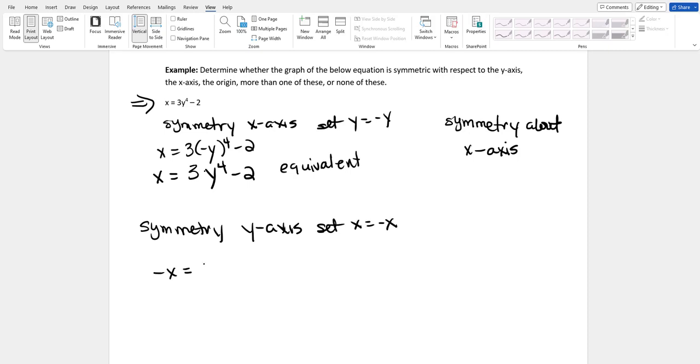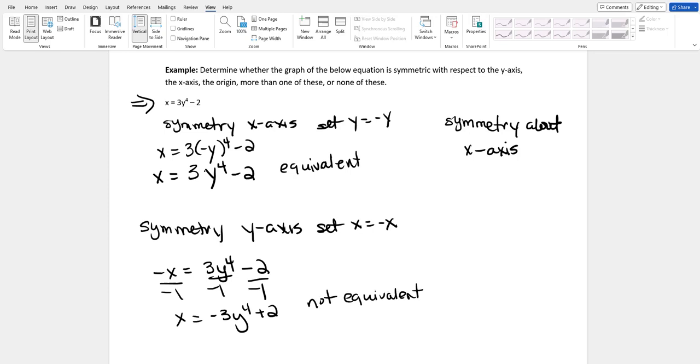Okay, now we're going to do symmetry about the origin. And to do that, we're going to set x equal to negative x and y equal to negative y. So I'm going to have negative x is equal to 3 negative y to the fourth minus 2.